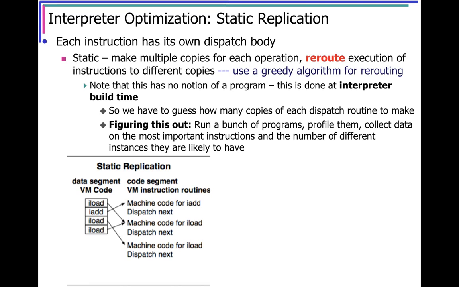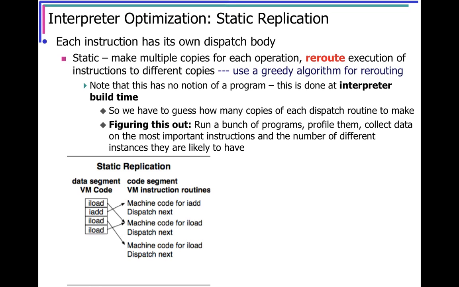And the way we guess is we run a bunch of programs and we profile them. That is, we collect information about their execution and about the number of instructions they have, the number of copies they'll need, and then we just make a decision that we're going to have a certain number of copies for each instruction type. So in the example below, we have decided that we're going to make 2 copies of iLoad and 1 copy of iAdd.